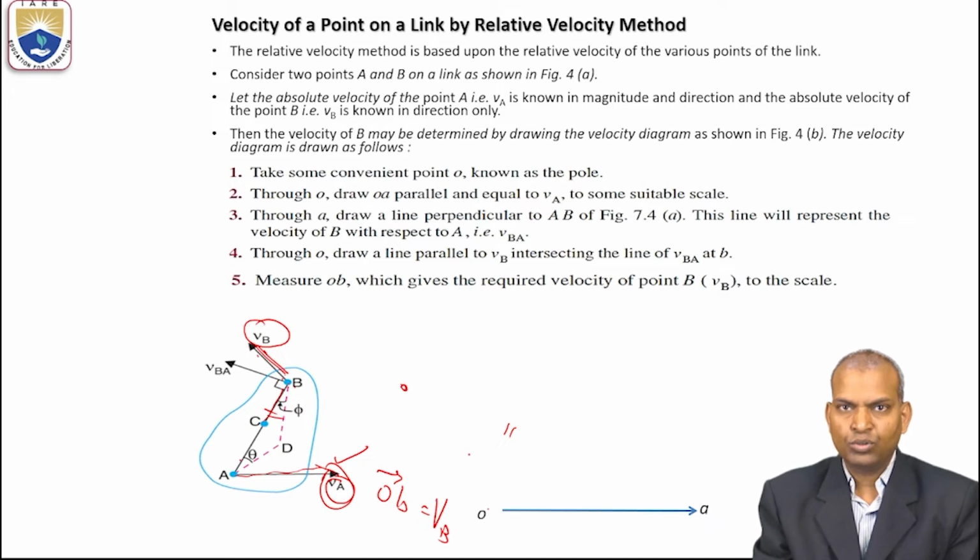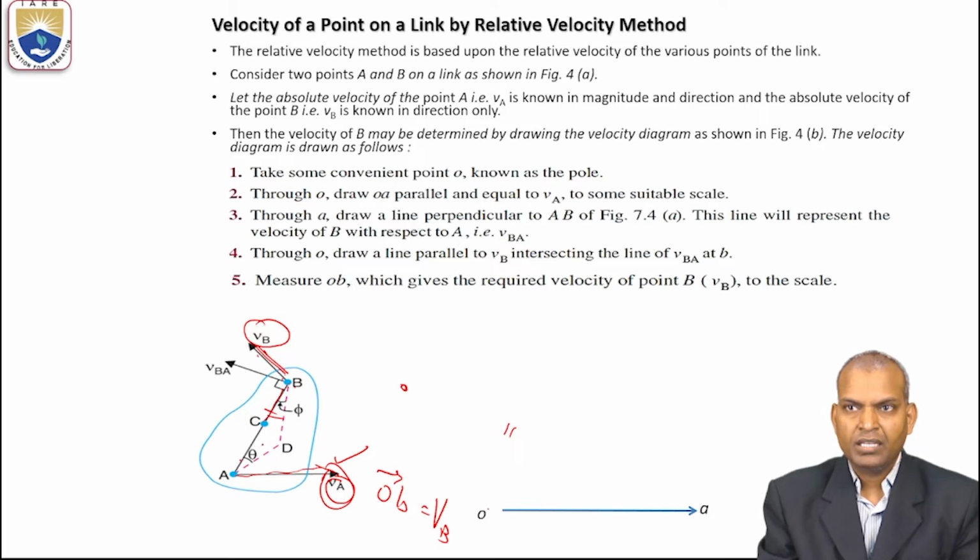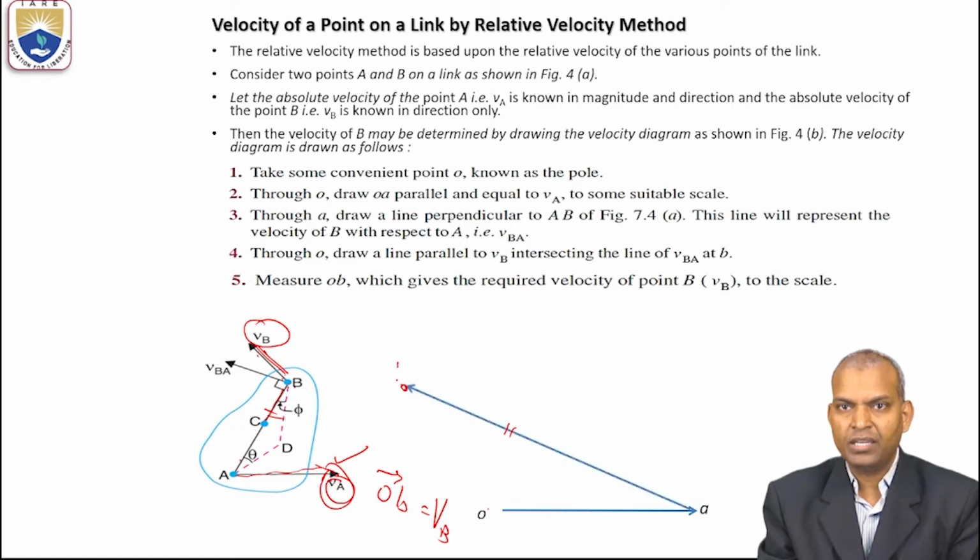Then through A, draw a line perpendicular to AB. This line will represent the velocity of B with respect to A.